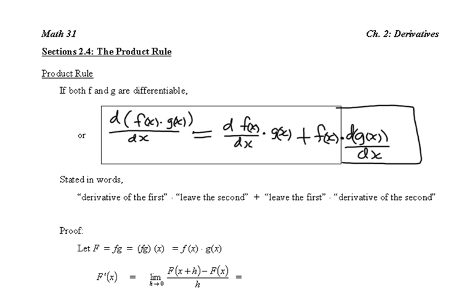So then the first function as it stands times the derivative of the second function. Or if you like it in words, it's stated for you right here. Another way to write it would be like this. If you have the product of f times g, and you want to take that derivative, it would be quite simply f prime g plus f g prime.